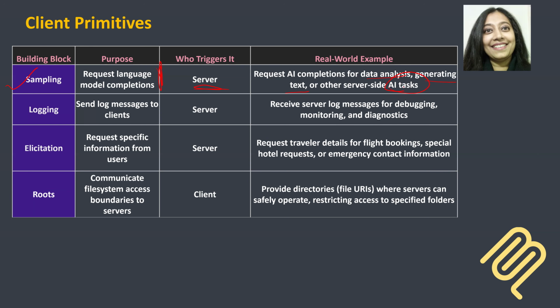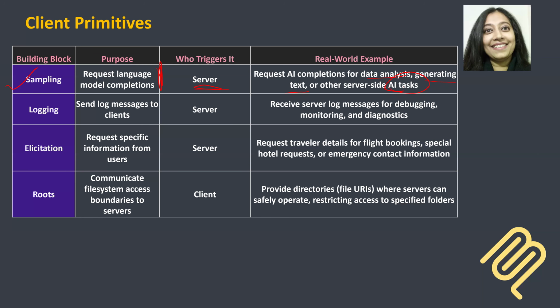So if there are AI dependent tasks that an MCP server needs to perform, then it can reach out to the client, request it to work and complete that particular task on its behalf. And that is essentially what is sampling.